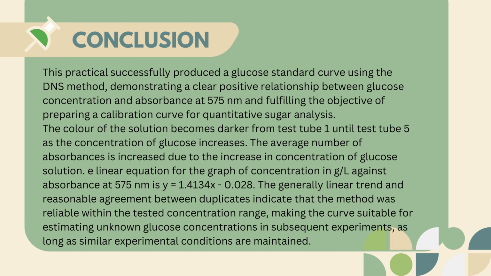A linear equation for the graph of concentration in g/L against absorbance at 575 nm is y = 1.4134x - 0.028. The generally linear trend and reasonable agreement between duplicates indicate that the method was reliable within the tested concentration range, making the curve suitable for estimating unknown glucose concentrations in subsequent experiments, as long as similar experimental conditions are maintained.